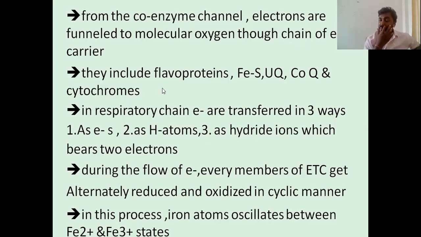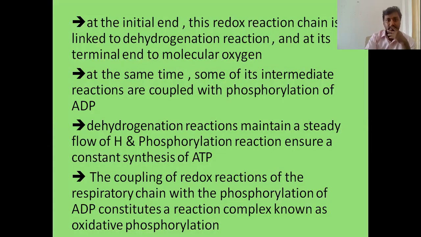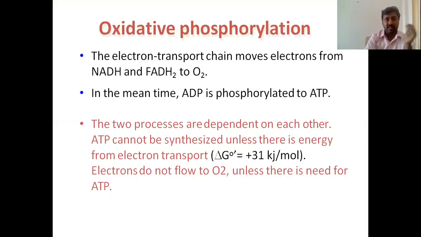They include flavoproteins, iron sulfur molecules, ubiquinone, coenzyme Q, and cytochromes. Respiratory electrons are carried in 3 ways: as electrons, as hydrogen atoms, and as hydride ions. These are all components involved in the electron transport chain, which we already discussed.